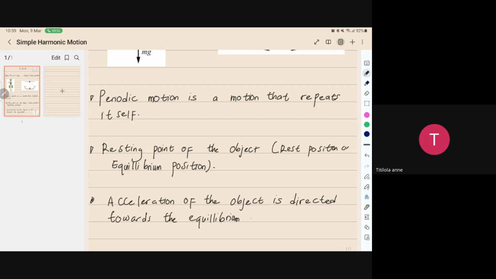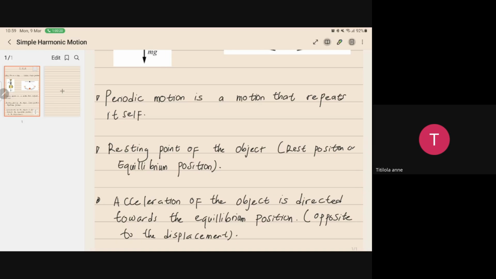And it's always opposite, right? It is opposite to the displacement. So these are key things I want you to know about the acceleration.